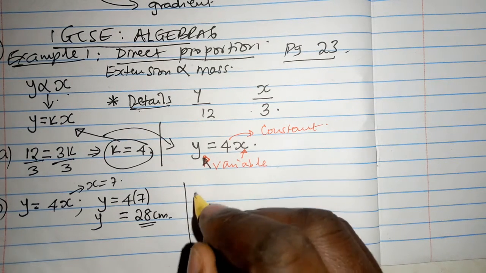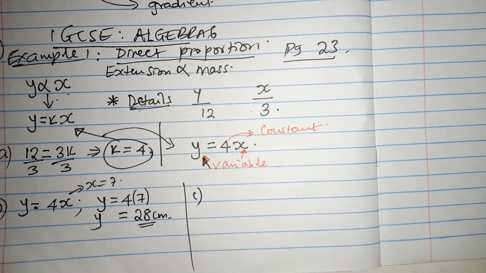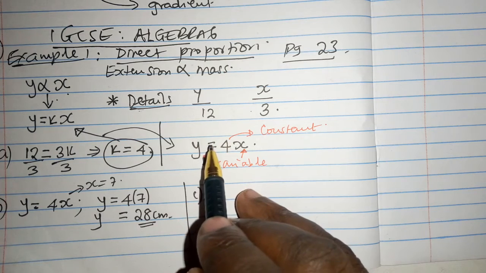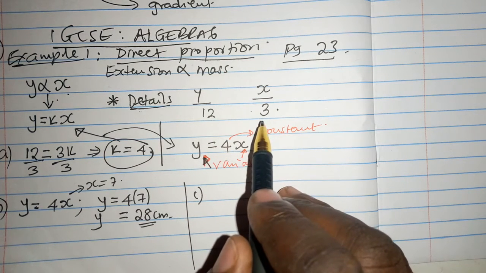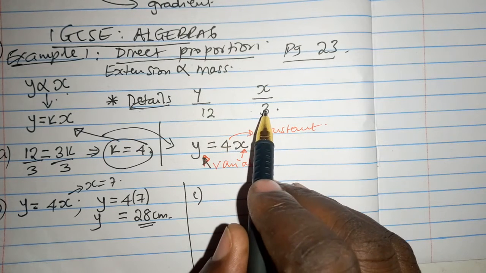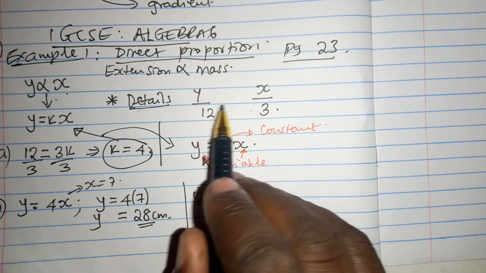What about part C of the question? Find the mass x that produces a 20 centimeter extension. It is now x we are looking for. Find the mass x when y is 20.